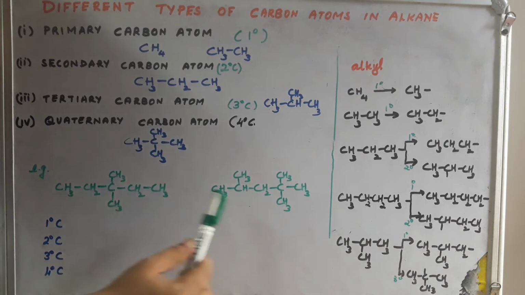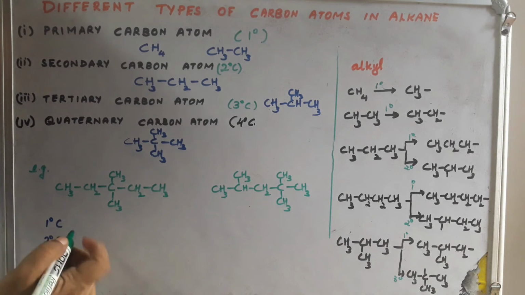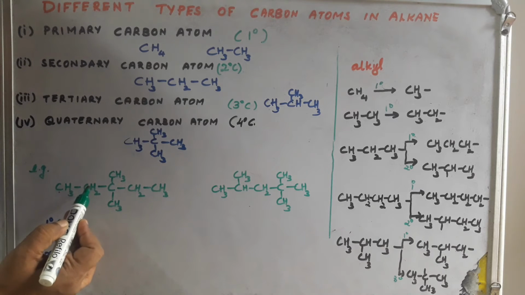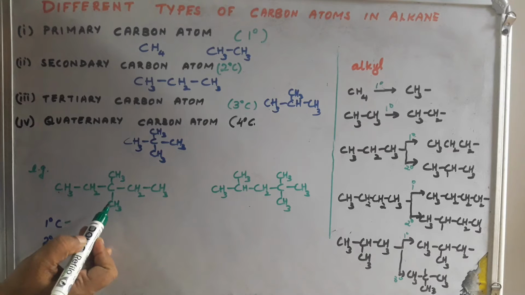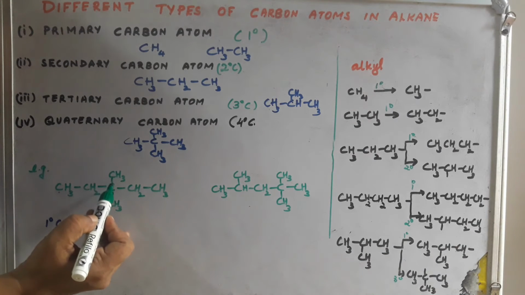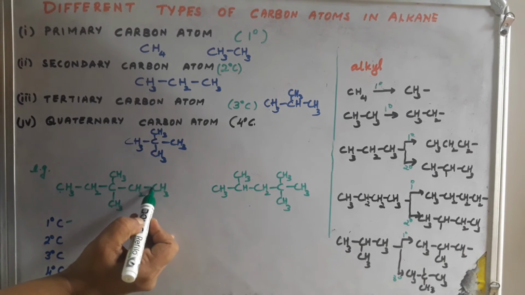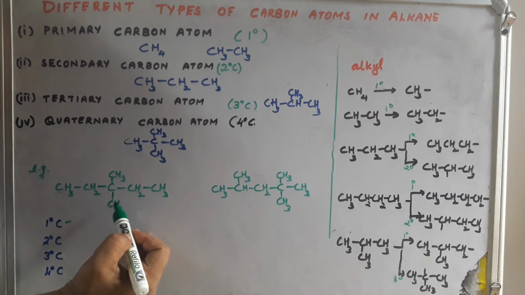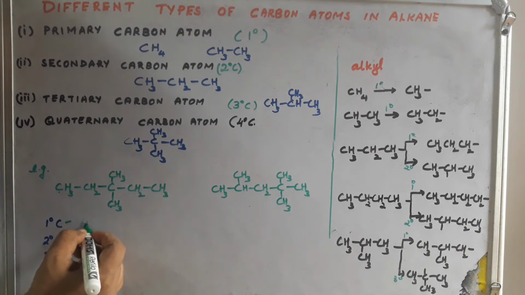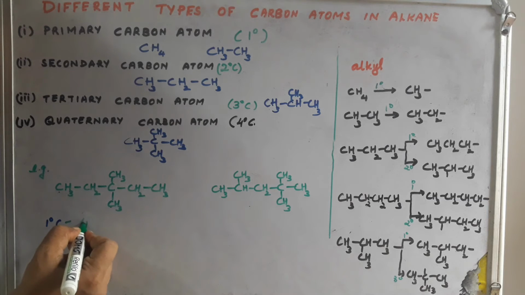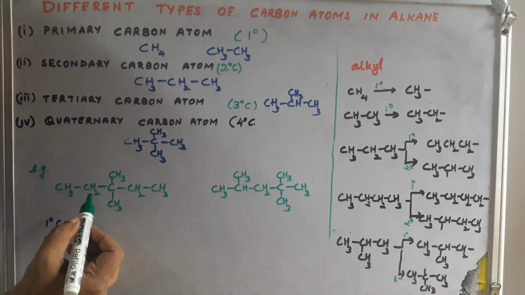Now let us take an example. Look at this example and see how many primary carbon atoms are there. This is a primary carbon atom which is linked to one other carbon. This is again a primary carbon atom. This is also a primary carbon. Then this is another primary carbon. So 1, 2, 3, 4. Four primary carbon atoms are there. Now the secondary carbon atoms, look here.